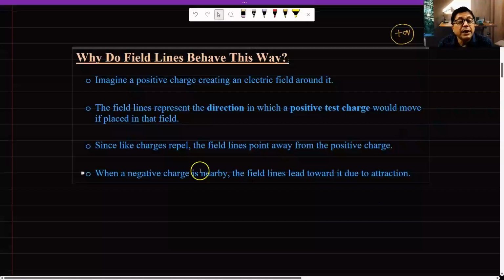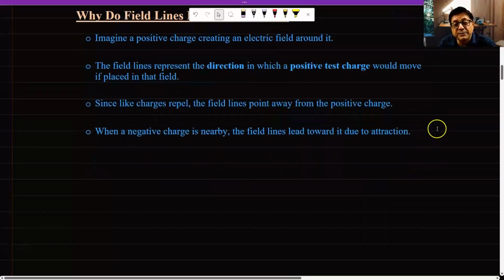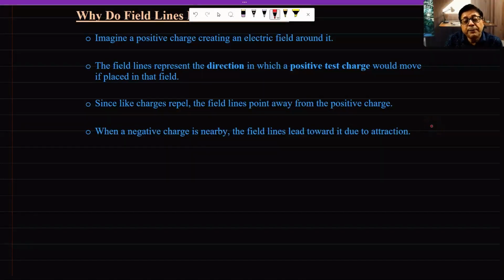Now, like charges repel, so field lines point away from a positive charge. So if we keep a plus Q charge here, and an identical plus Q charge here, this identical charge will also create an electric field in its surroundings, but this charge will repel it.